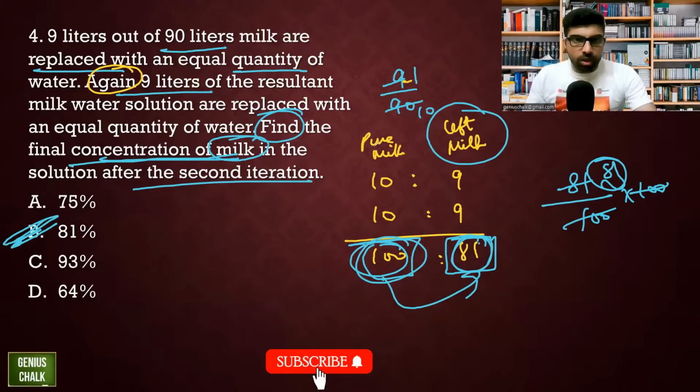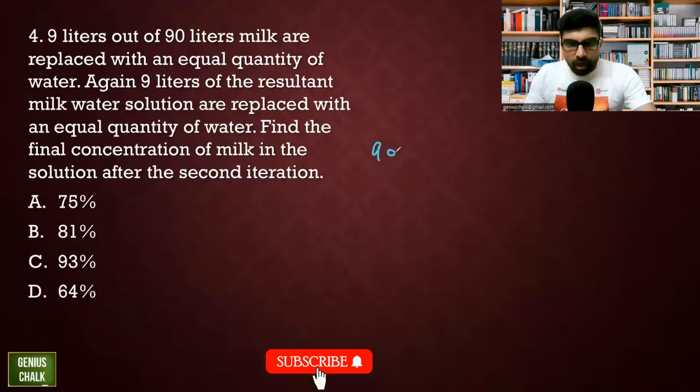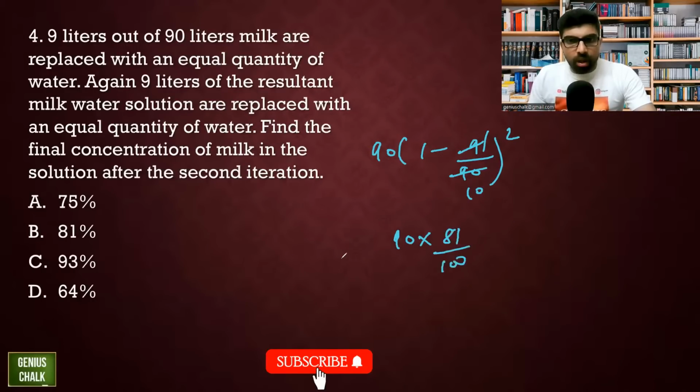If you solve this using that method, 90 into 1 minus 9 by 90 happening twice. Again the same thing. 90 into 10 minus 1, 9. So 81 by 100. So what is the milk left? You can check. It is 9 by 10, so this is the amount of milk left.